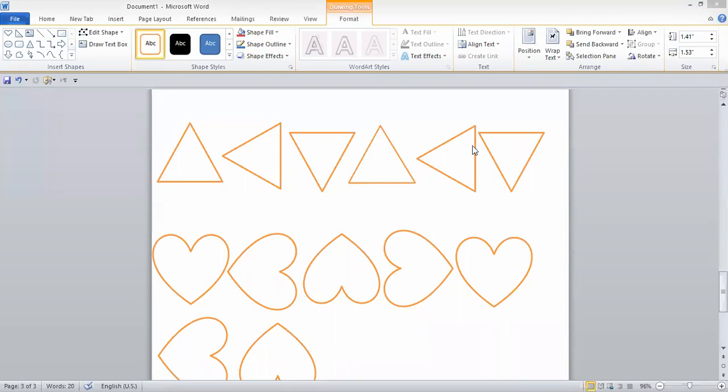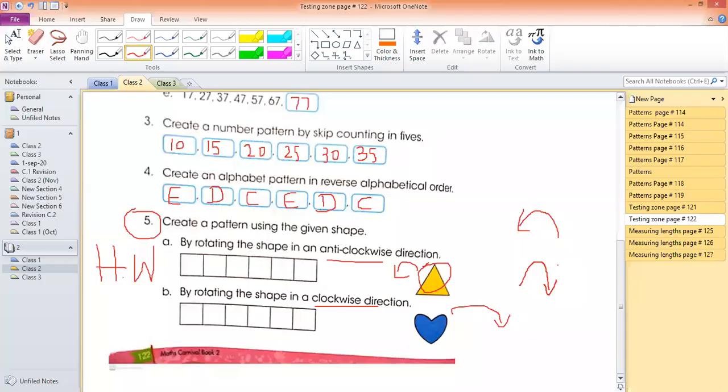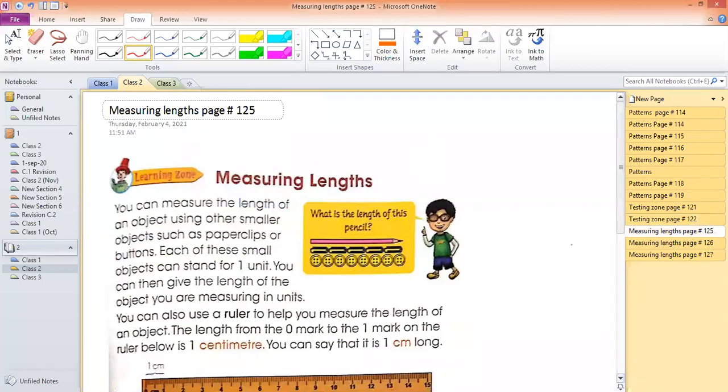Yes, Sharif, you can erase, check your mistake and rectify it. Okay, come to the book again, guys. Open page number 125 of your book. We are going to start a new unit, that is measurement.